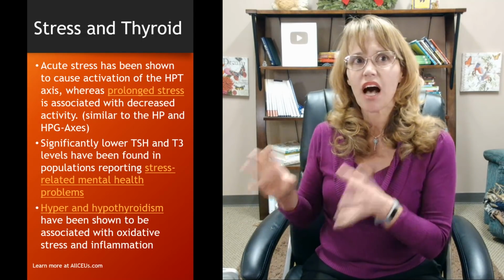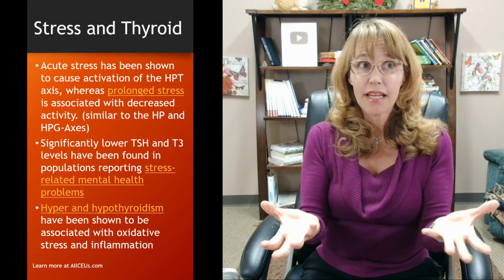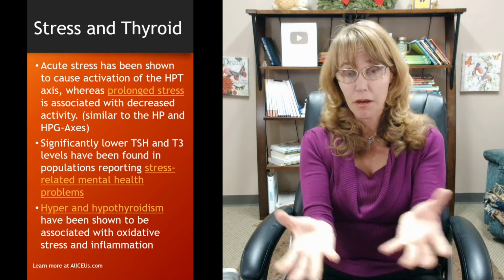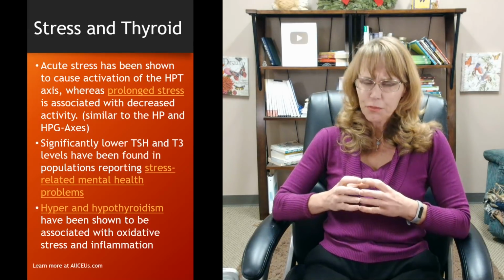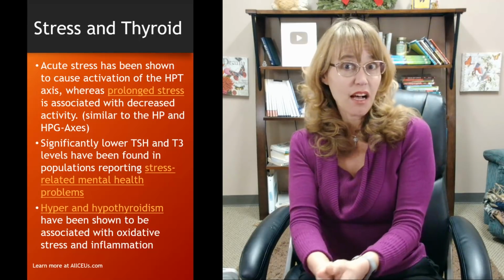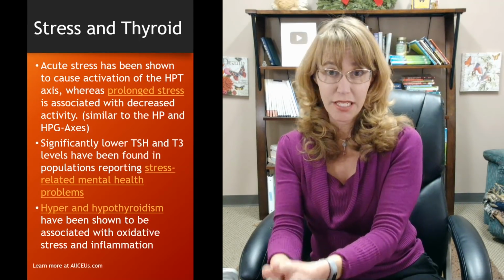And that causes oxidative stress. That means those free radicals are hanging around and impairing the factory's ability to function. And that's what we call oxidative stress. Okay, so that explains oxidative stress with hyperthyroidism, but what about hypothyroidism?